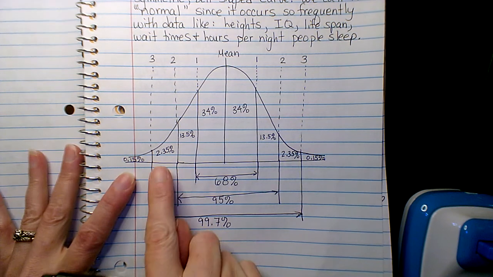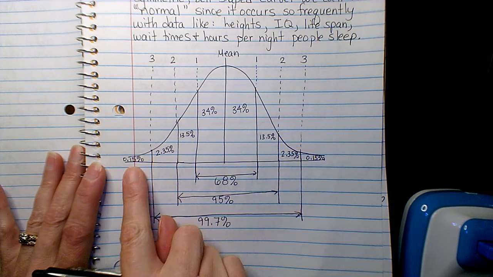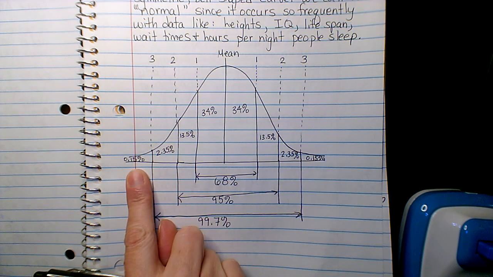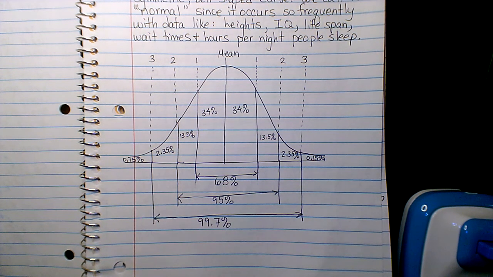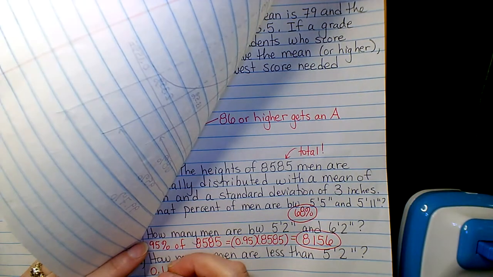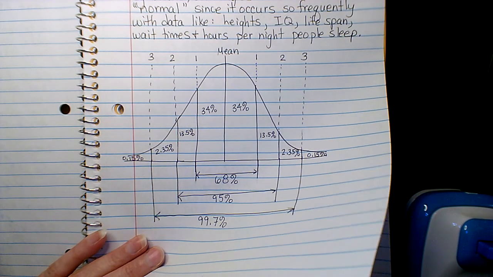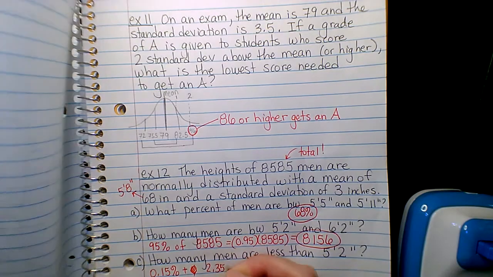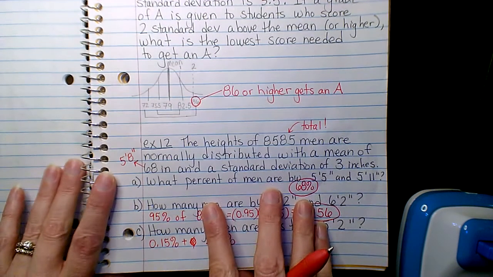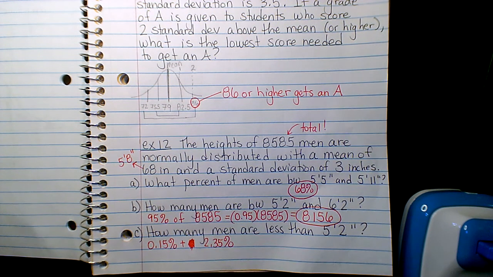So these 2 regions right here are below 5'2". We're going to add up those 2 percents and then take that as a decimal multiplied by the total. So that's going to be 0.15% plus 2.35%. I scratched this up a little bit and ran out of space. I hate when I make a mistake with the pen.